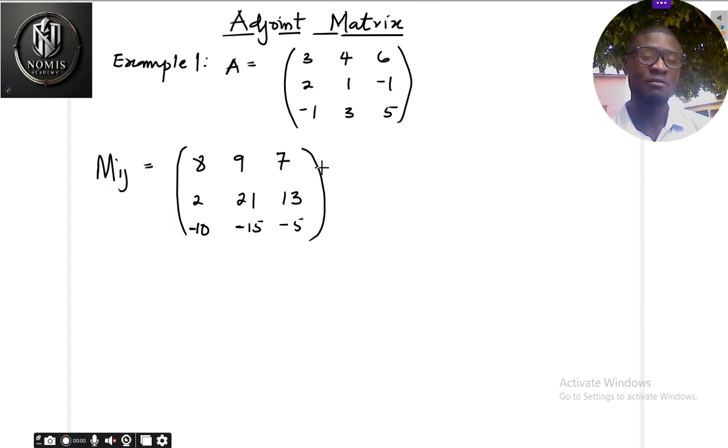Now that we have this minor, the next thing is to find the cofactor of matrix A. The cofactor of matrix A is obtained by multiplying each of these elements by plus and minus, starting from plus.